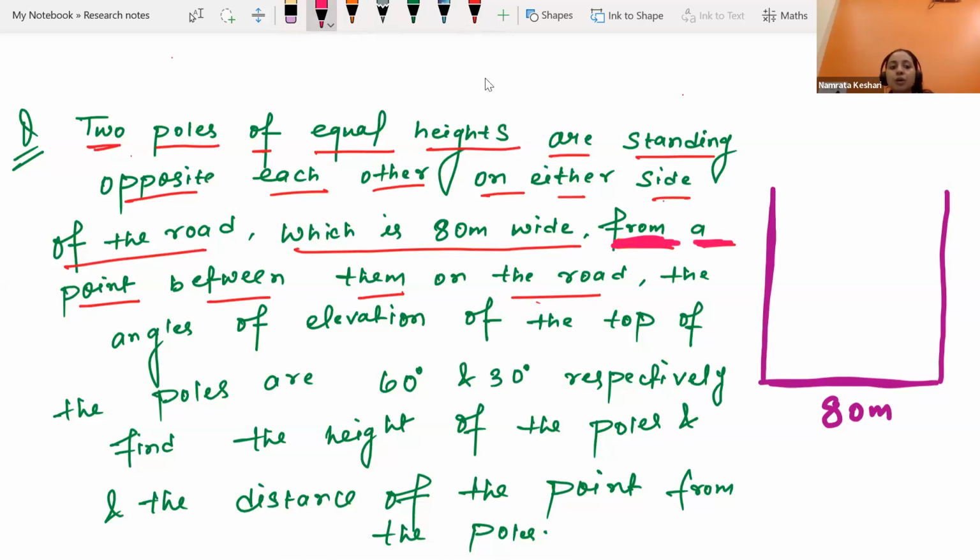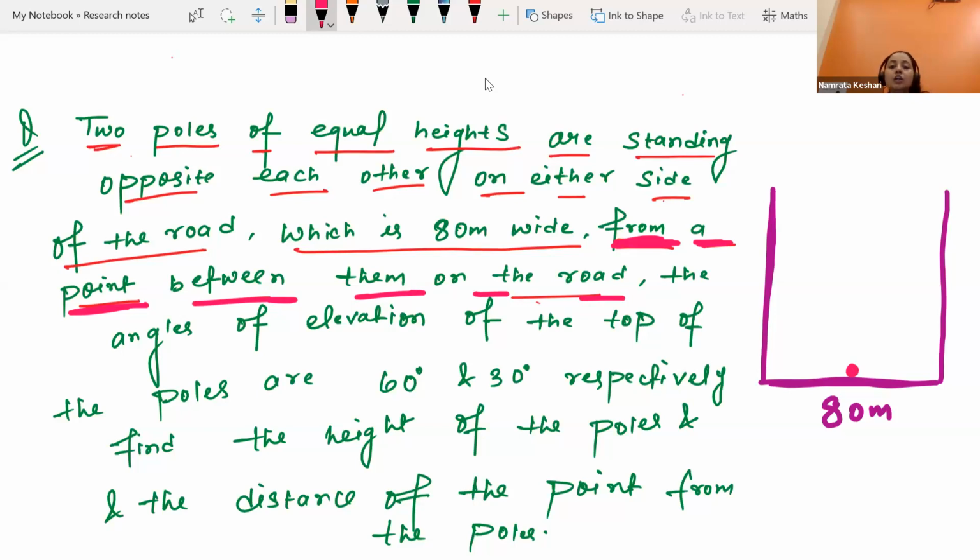From a point between them on the road, between them means between the poles. Between the poles, there is a point on the road, and that point is in between both the poles.